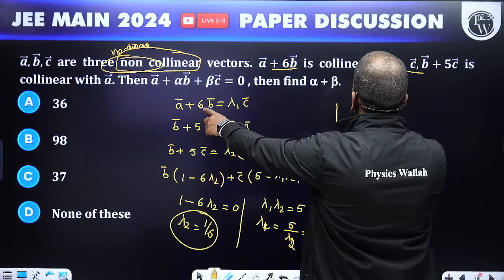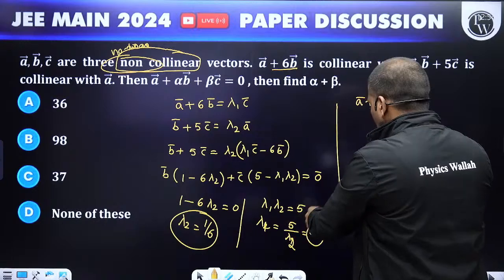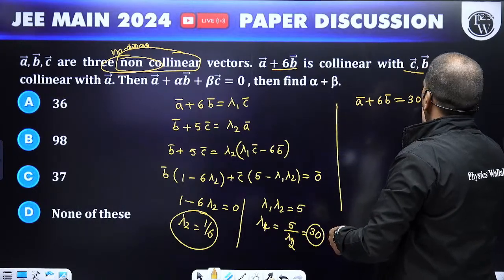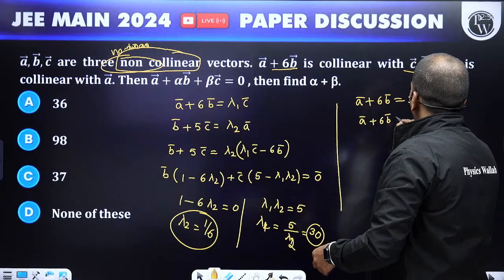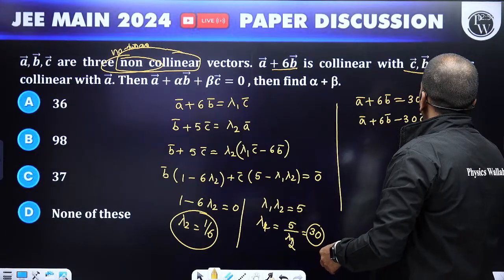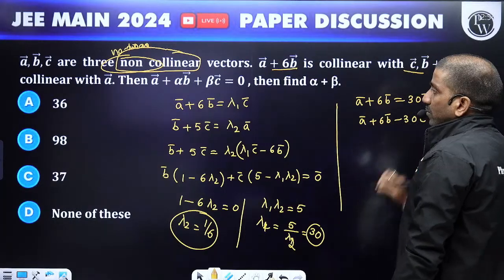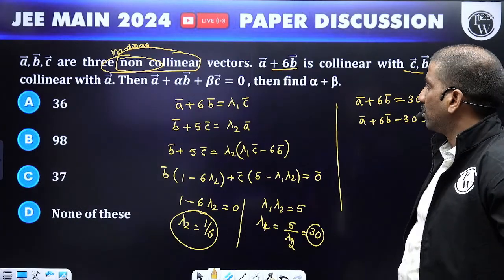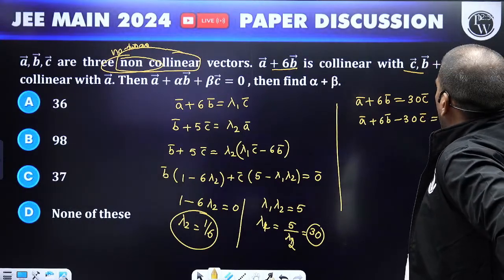Coming to the first equation, A bar plus 6B bar is equal to lambda 1 times C bar, so lambda 1 is 30 C bar. That means A bar plus 6B bar minus 30C bar is equal to 0 bar. Right? Alpha is 6. So beta is 30.